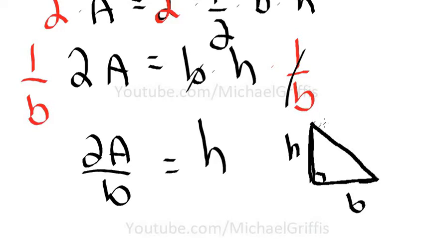But what's actually going on here? This is just a rectangle, right? Kind of looks like a square, but this is a rectangle. And to find the area of the rectangle, it's h times b. But we're only finding half of it. So that's the reason it's half times h times b.